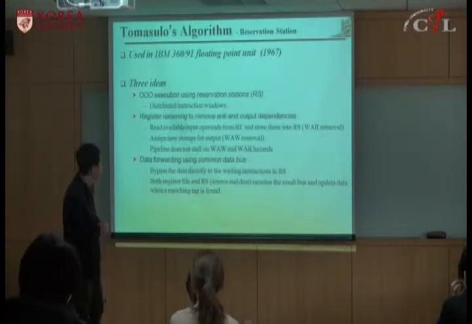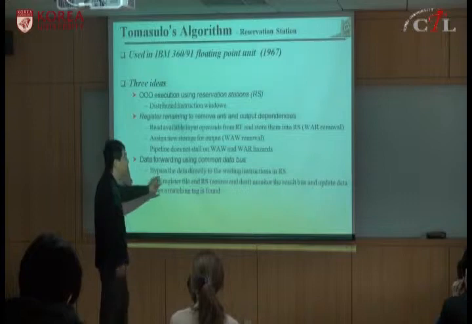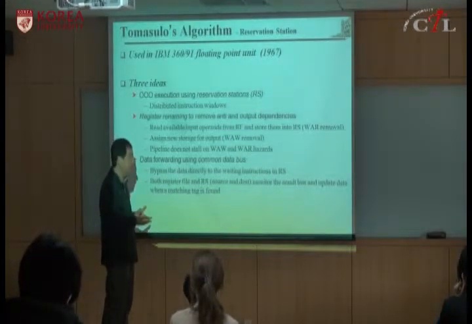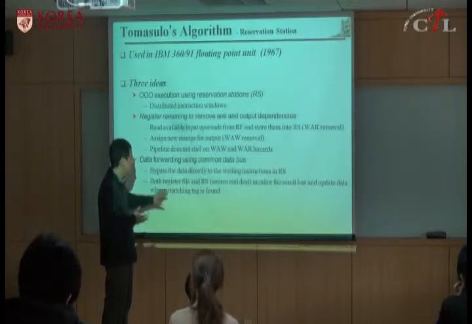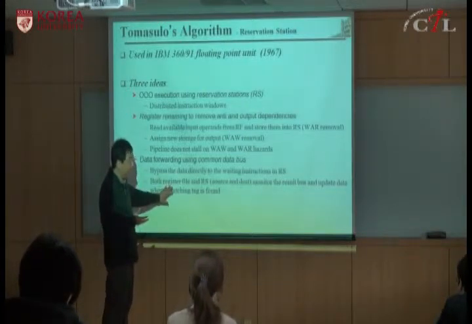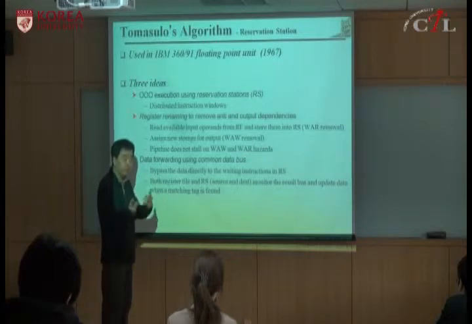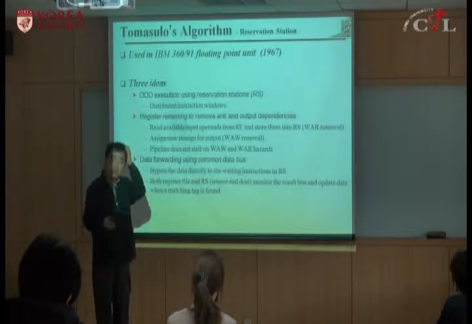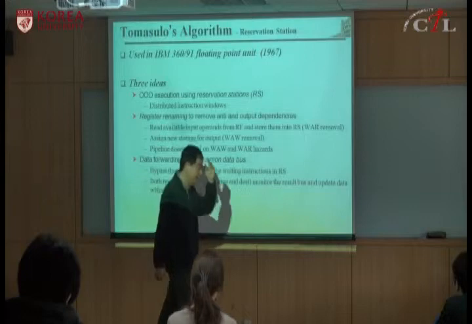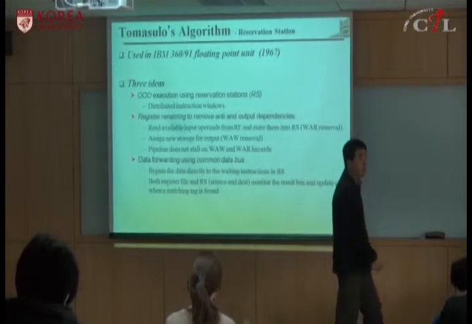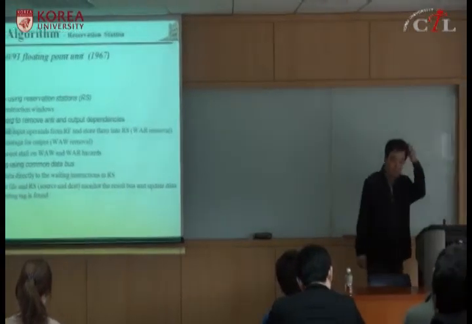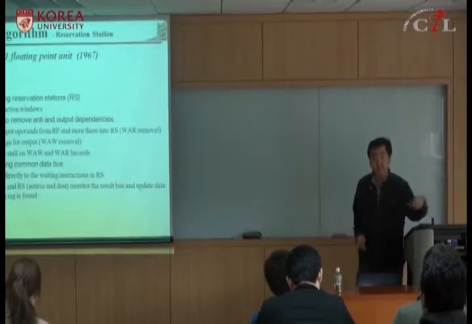Both the register file and reservation station monitor the result data bus, and whenever the data is available, they look at the register ID. If there is a match, they update the data in the reservation station or register file. So they can accelerate read after write dependence as well. That's the main idea of Thomasulo's algorithm. It's quite easy.